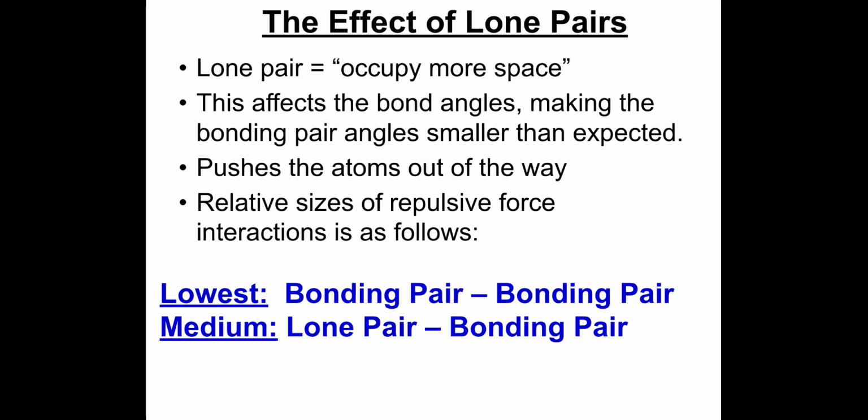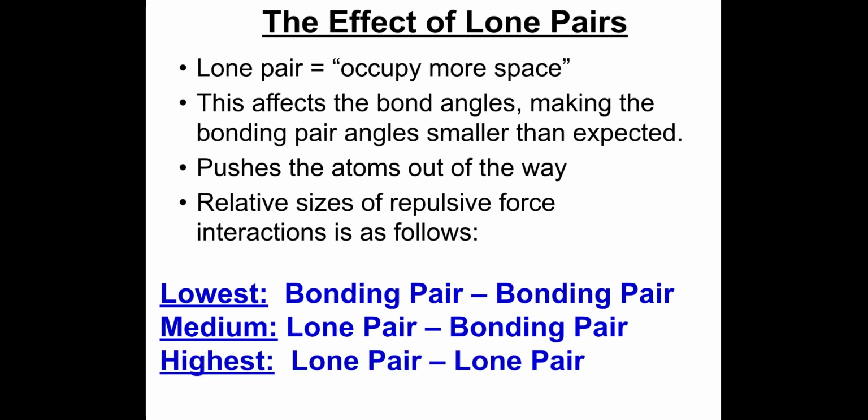Medium is going to be where you have a lone pair and a bonding pair next to each other. So if you have a lone pair, that's going to create more of a repulsive force. And then the highest would be if you have two lone pairs, right? Because both lone pairs want more space. So if you have two of them, then that's going to be a much higher repulsive force.